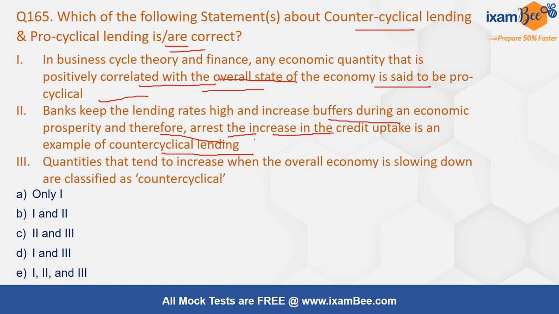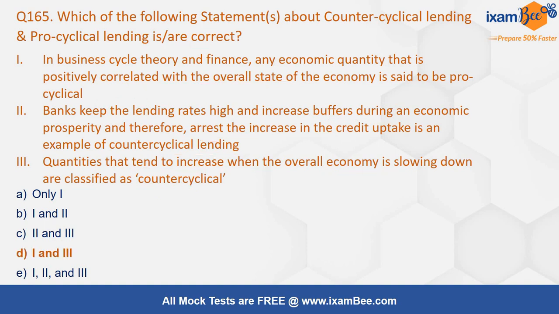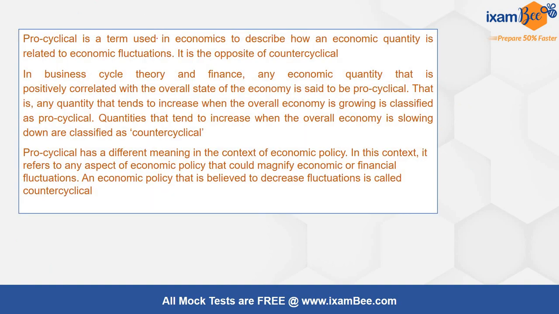No, this cannot be. Quantities that tend to increase when the overall economy is slowing down are classified as counter-cyclical. Counter-cyclical means when the market is going down, some company's share is going up. So first and three are correct. Pro-cyclical is used to describe how an economic activity is related to economic fluctuation, going with the economy.